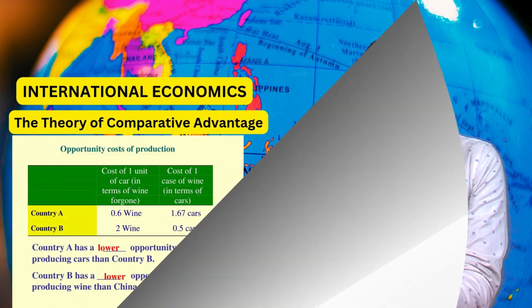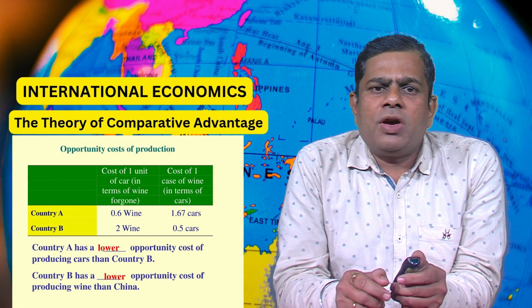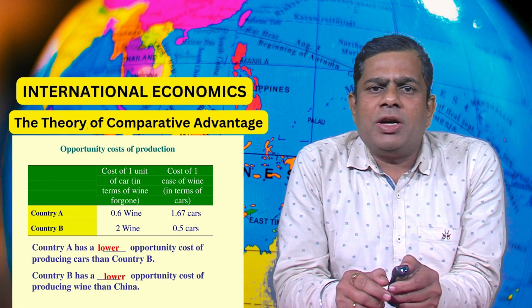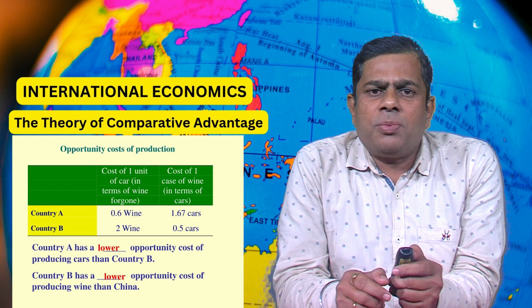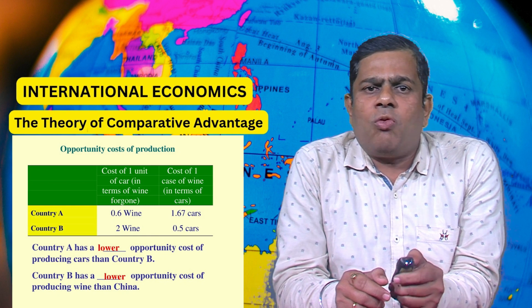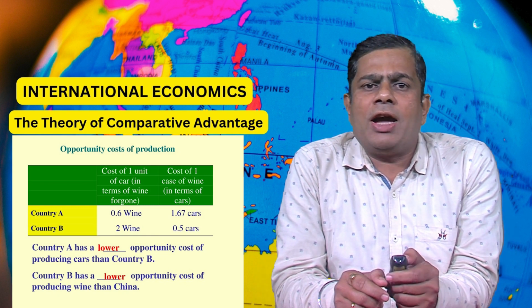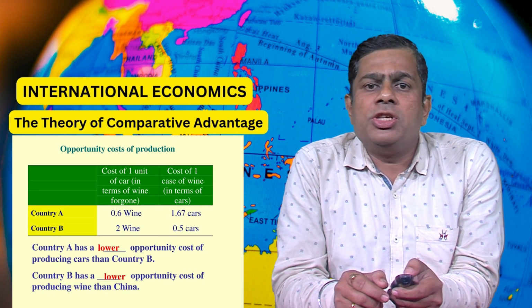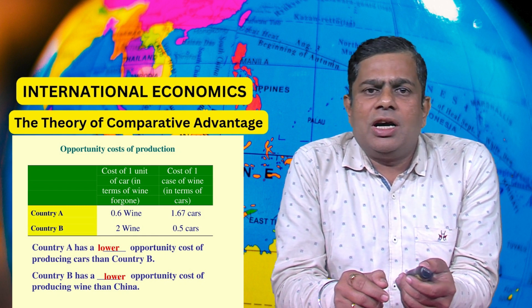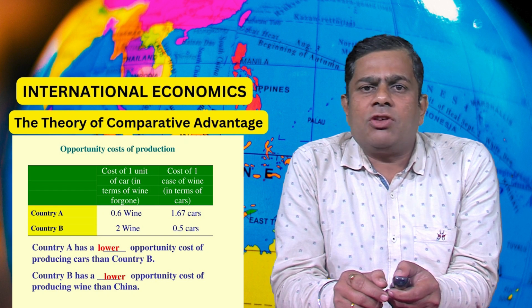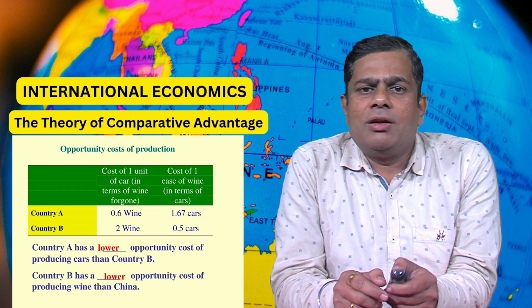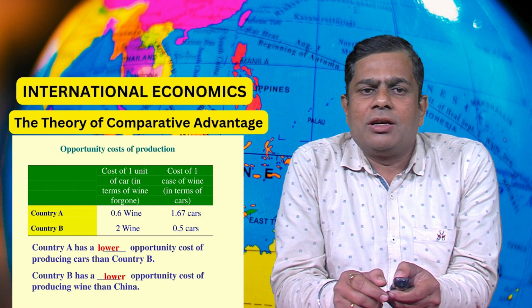Now, opportunity cost of production. In country A, what is the cost of 1 unit of car in terms of wine foregone? It is 0.6 wine. And what is the cost of 1 unit of wine in terms of car? It is 1.67 cars.